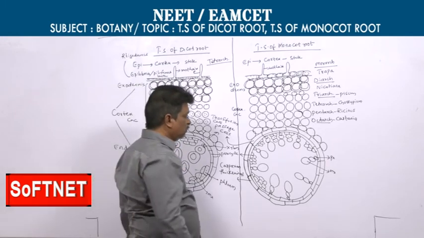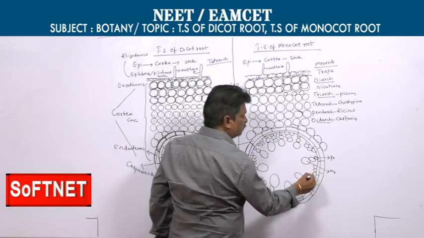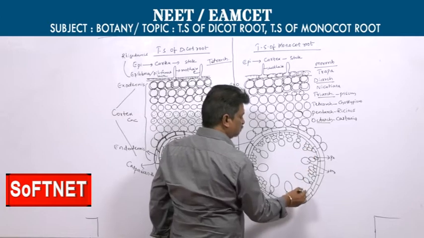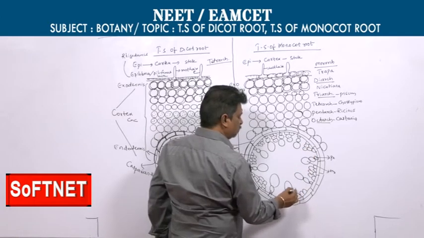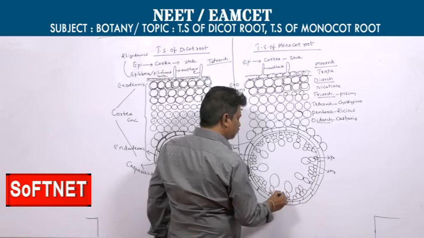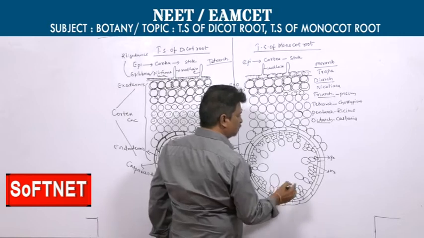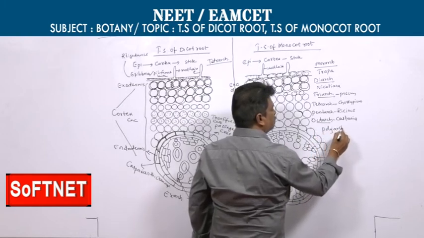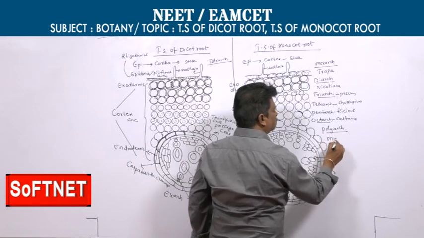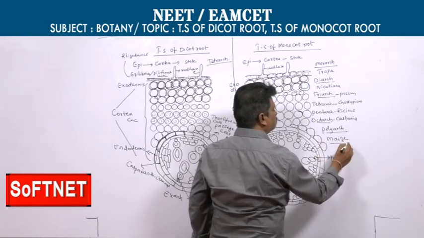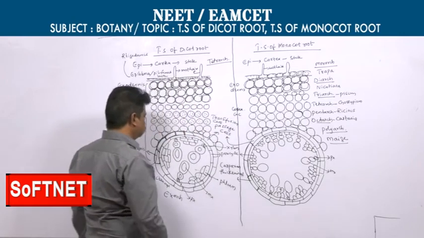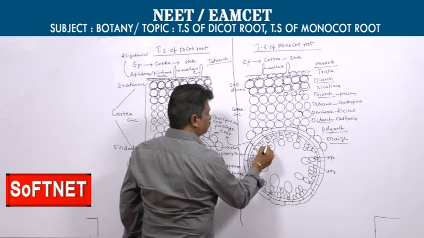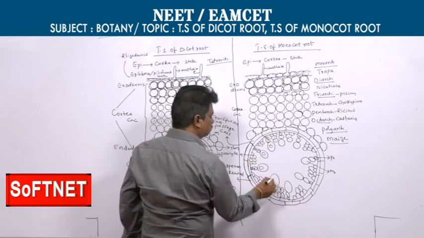Then monocot root. In monocot root, many vascular bundles are present, called polyarch. Example is maize. Then next one, medulla.